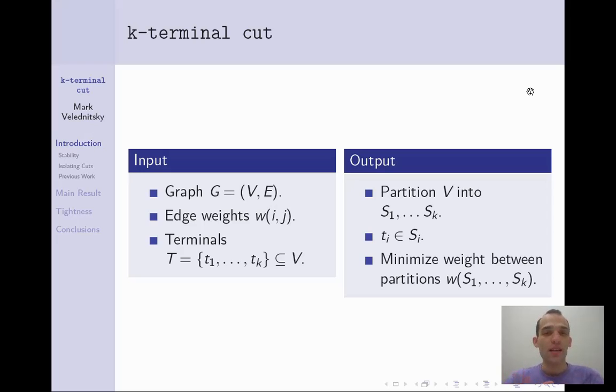An equivalent way to think about this is we are removing edges from the graph such that the terminals become disconnected, and the minimum k-terminal cut problem is how do we remove a minimum total weight set of edges such that the terminals get disconnected.